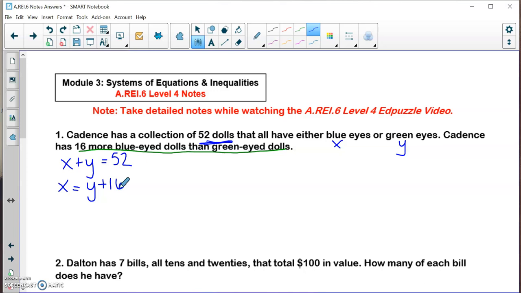All right, and so now we are going to solve this system, but you get to decide what method to use. In number one, it's probably best to use substitution, because in my bottom equation I have a variable isolated, x. So I'm going to put y plus 16 in for x in my top equation.